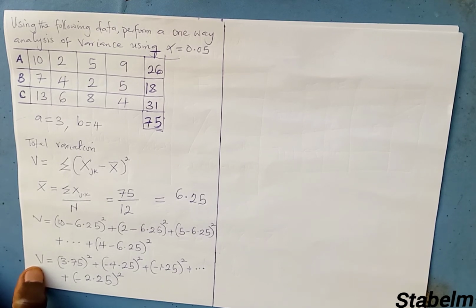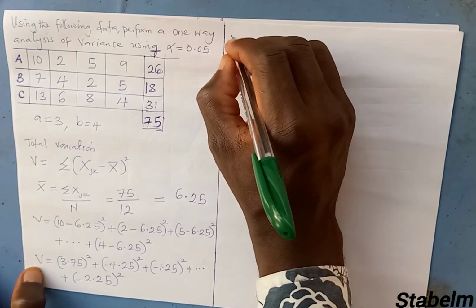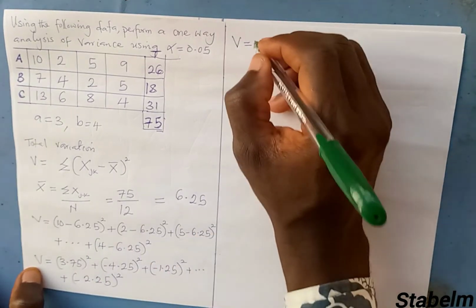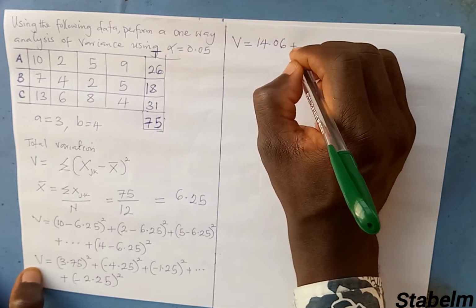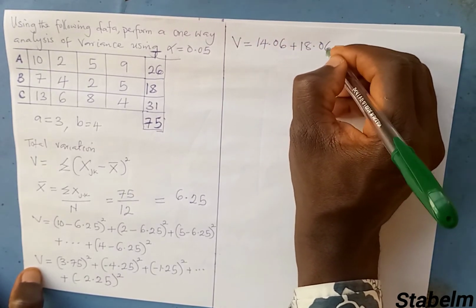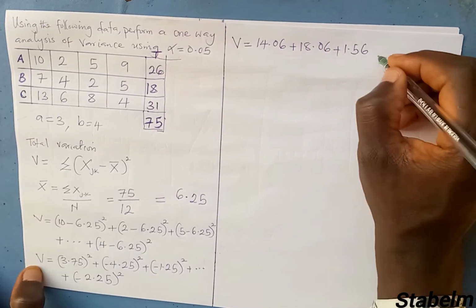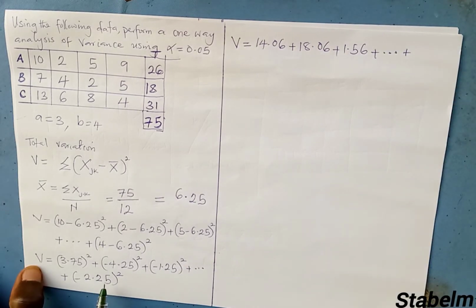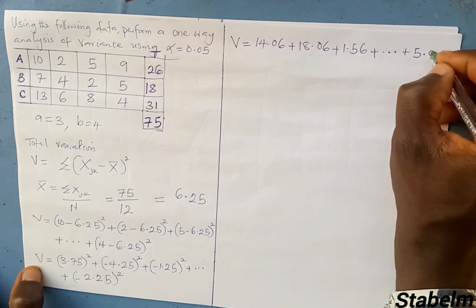Now, the next thing is to square each value here. Don't forget that this dot represents other values here. So from this point, we have V equals 3.75 squared, which will give us 14.06, plus 18.06, plus 1.56, plus dot dot dot, plus the last value here, which will definitely give us 5.06.